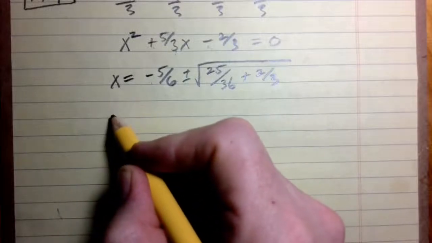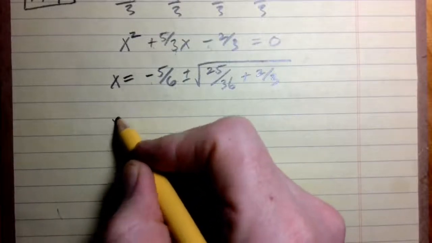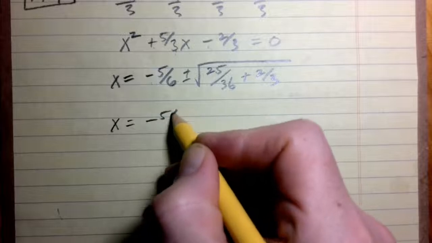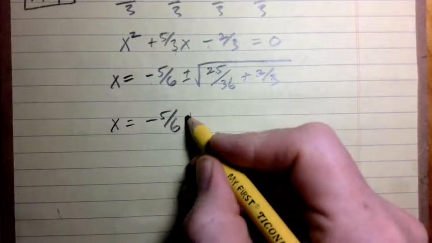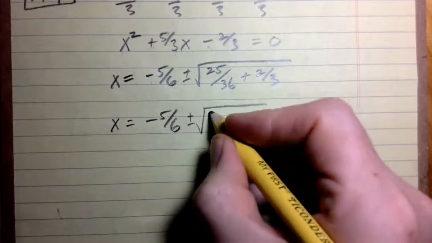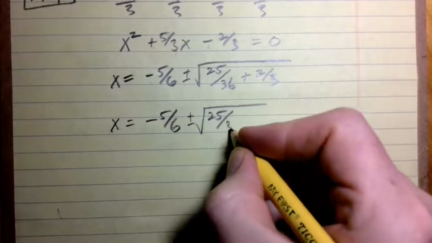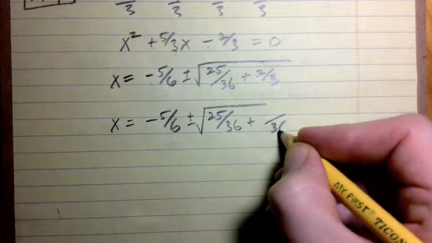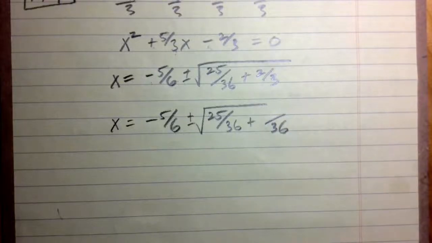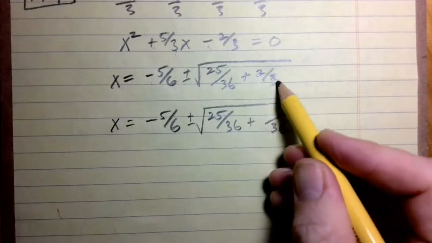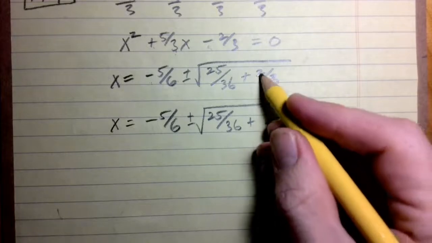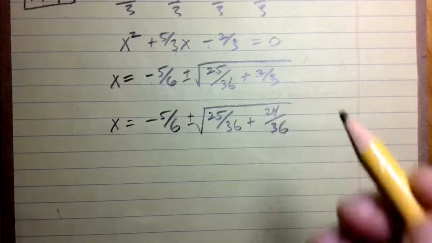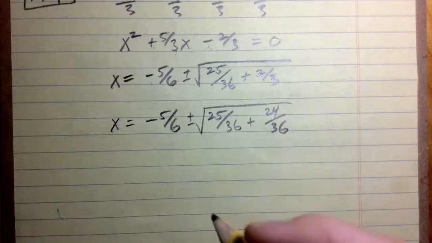Continue on. I've got negative 5/6 plus or minus 25 over 36 plus, and I want 2/3 to be in terms of 36. That's 3 times 12, so 2 times 12 is 24/36.